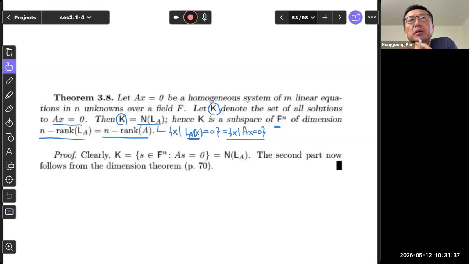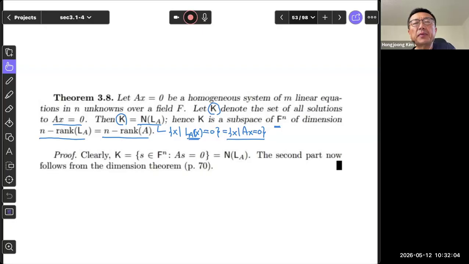Given Ax = 0, let K be the set of solutions for Ax = 0. Then this K, the solutions, will be just the null space of the L sub A operator, so that K will be a subspace of F^n of dimension n minus rank.